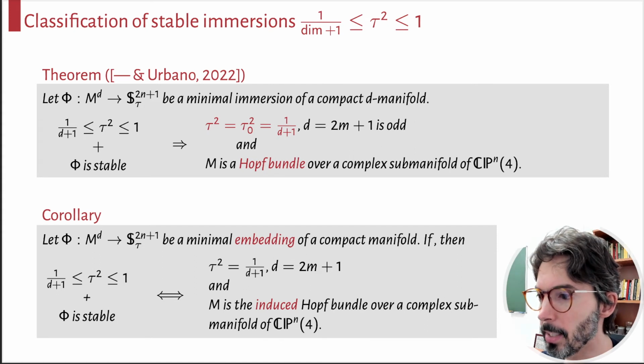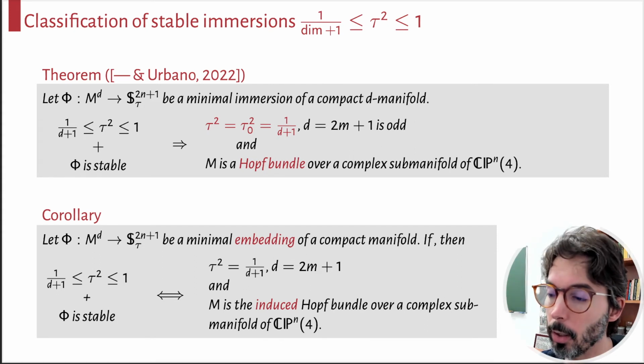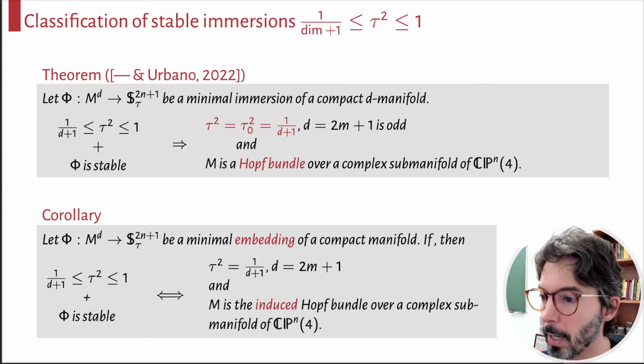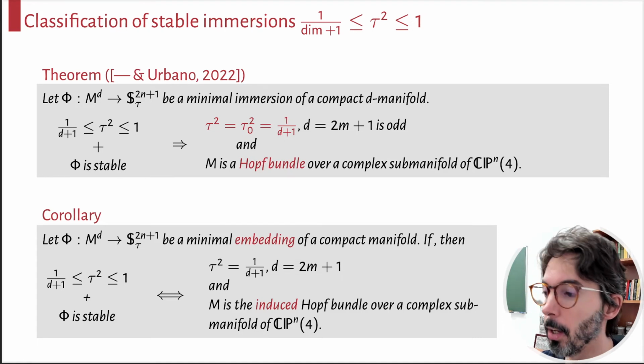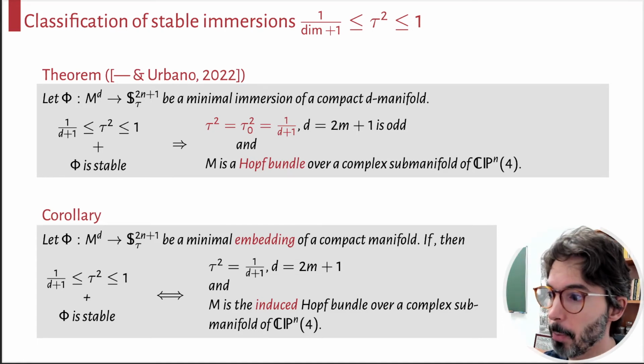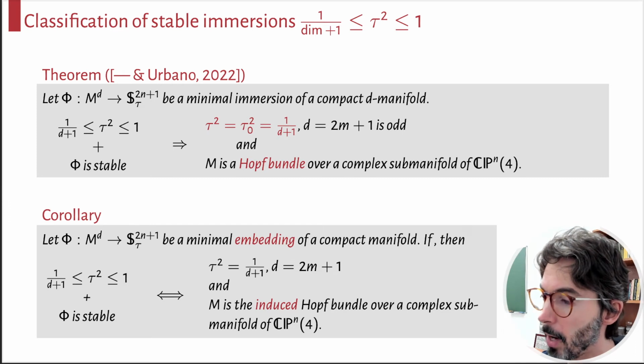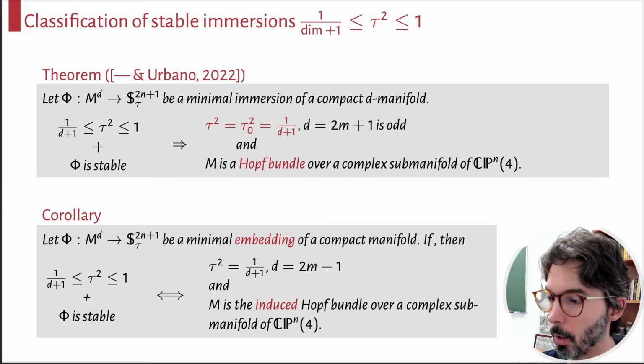So in this sense, we are completely characterizing the compact stable minimal embeddings in this range of parameters of the Berger metric.